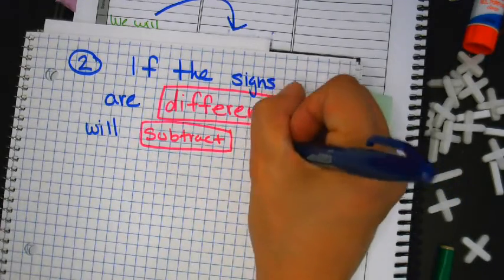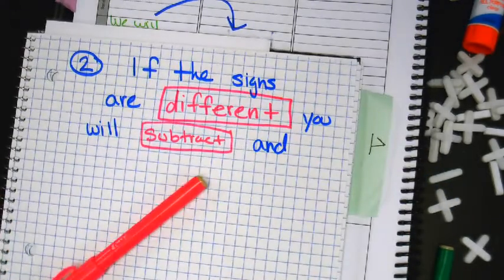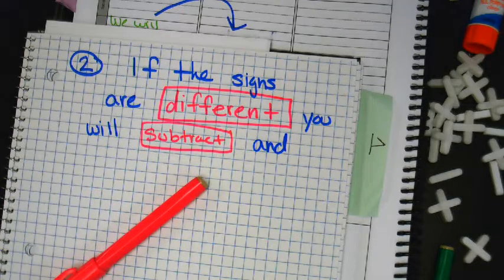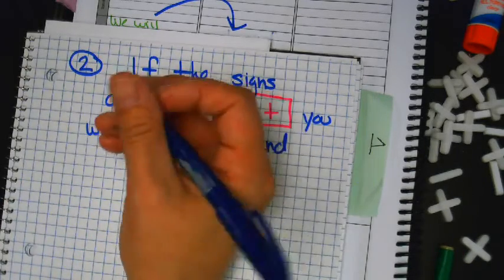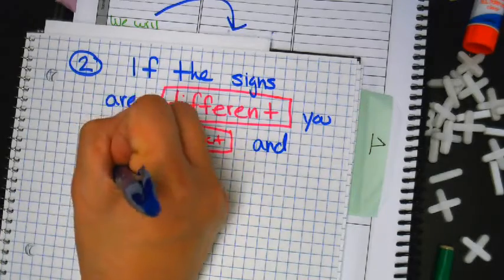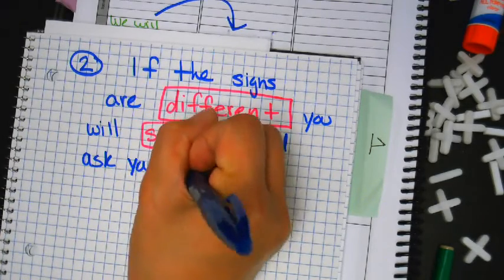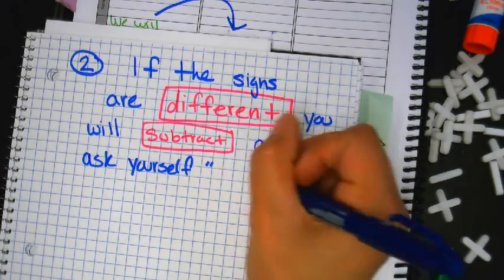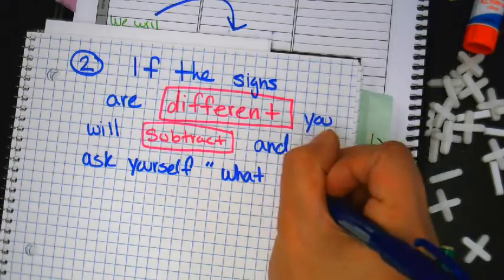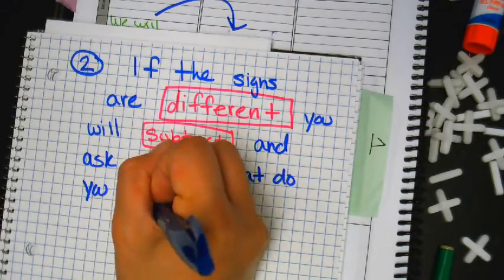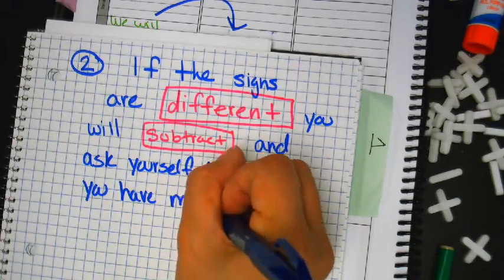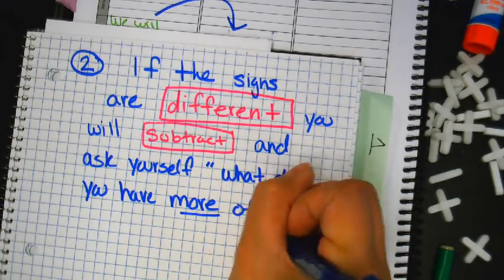Okay, if the signs are different, you will subtract and... no. Ask yourself, what do you have more of? Bigger numbers.